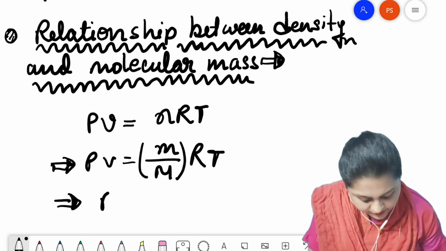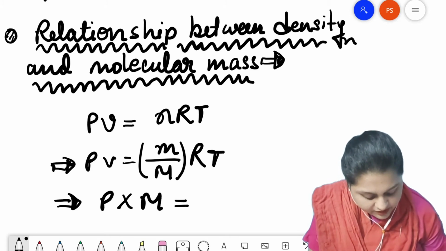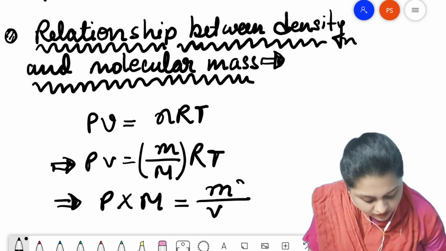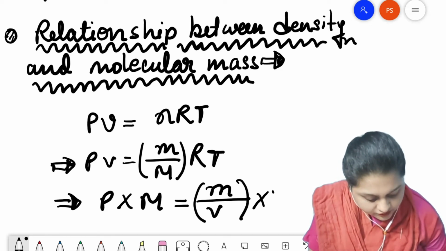Or this can be written as P multiplied by molecular mass M equals total mass m by volume into RT.